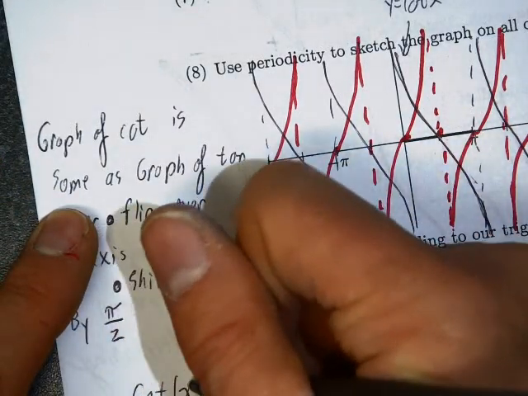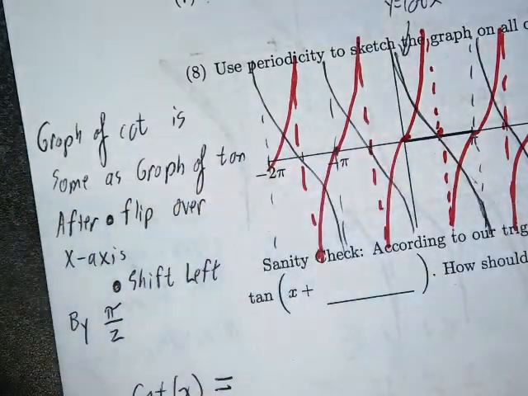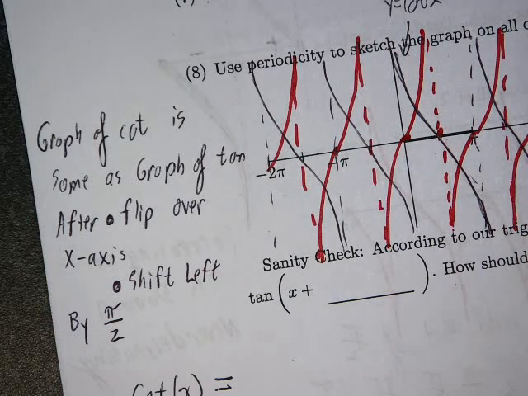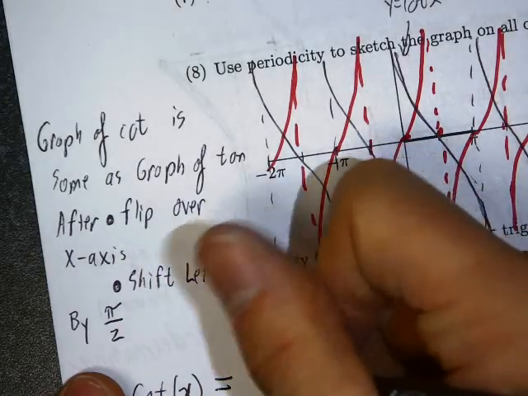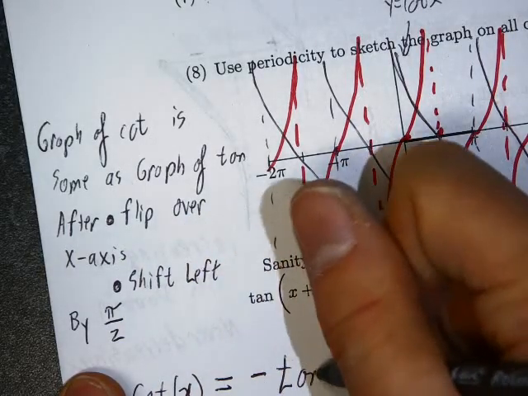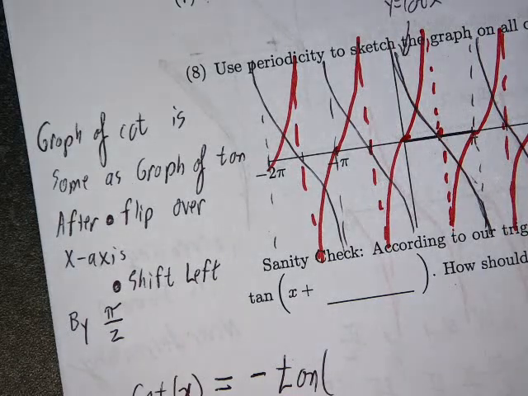So that means that cotangent of x is the same thing as tangent of x, but with some things done to it. How do you change a function when you flip its graph over the axis? You just stick a negative sign in front of it. That does the job. So the cotangent of x is the same thing as negative the tangent of, well, not quite x.